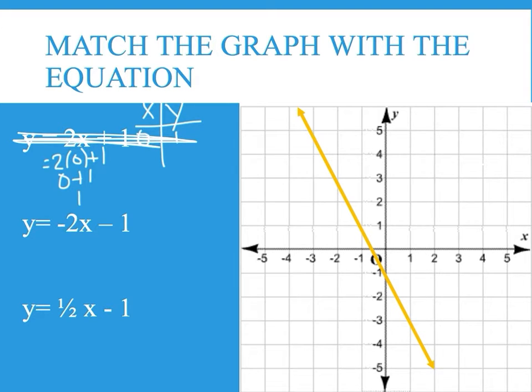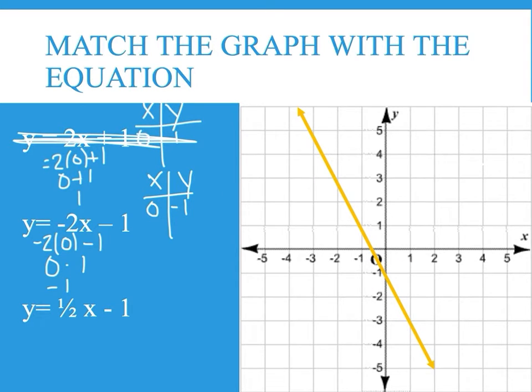Alright? So let's move to the next one. We're going to move an xy graph down here. So we're going to have x and y. We're going to check 0 again. So we have negative 2 times 0 minus 1. That's 0 minus 1, which is negative 1. So far, negative 1, negative 1.